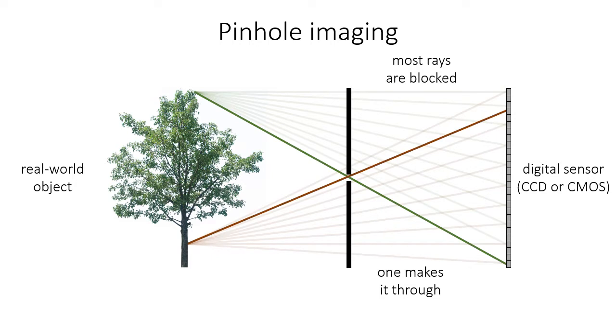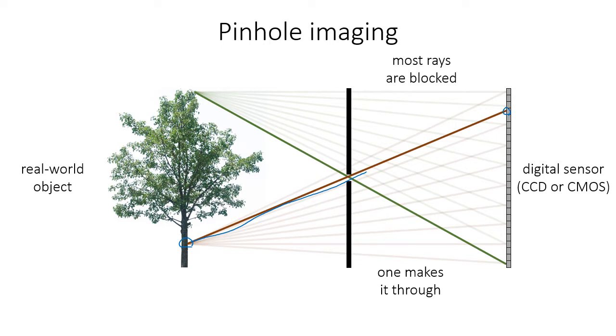Okay, let's consider another point here. Also, most other rays are blocked, and some small rays go through this pinhole and arrive at this sensor point.